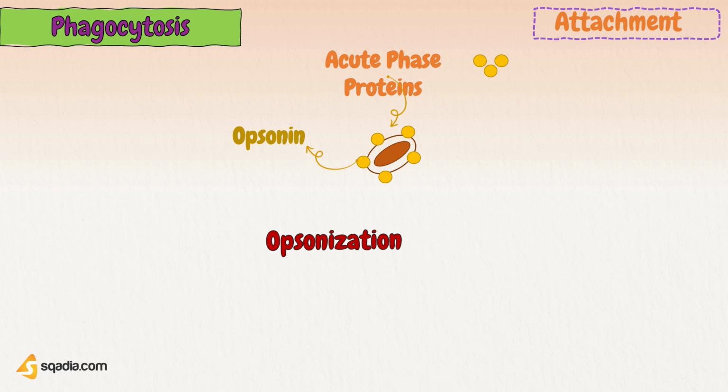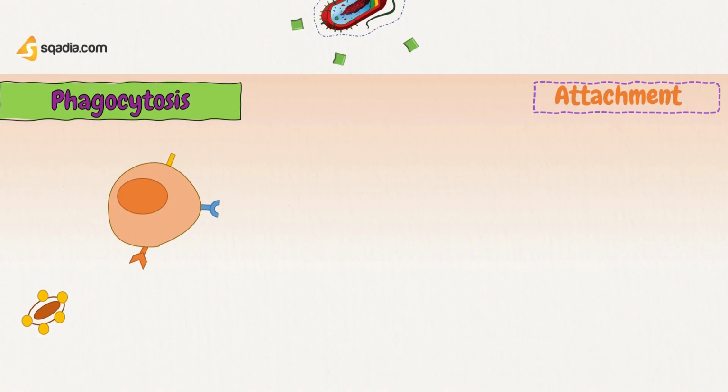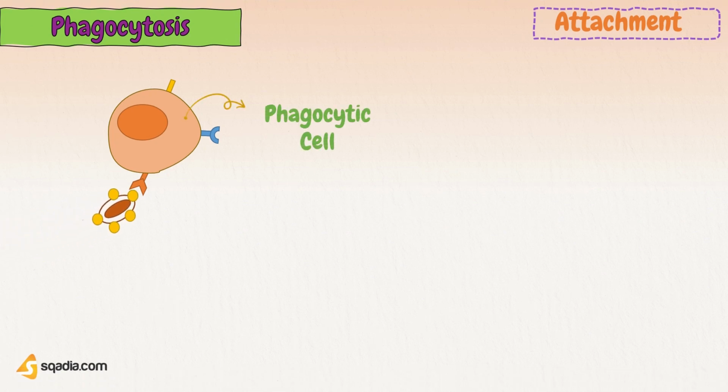In simpler words, specific serum proteins, known as opsonins, coat the invaded bacteria. This opsonization allows the phagocytic cells, such as macrophages, to pick up the pathogen more easily and faster, and engulf them by the process of phagocytosis.